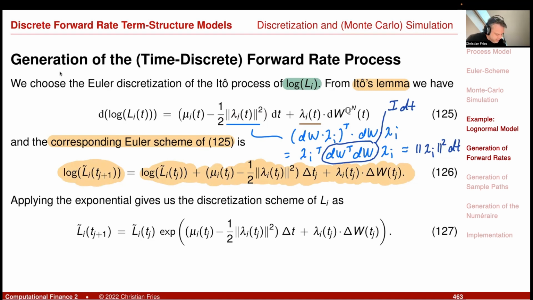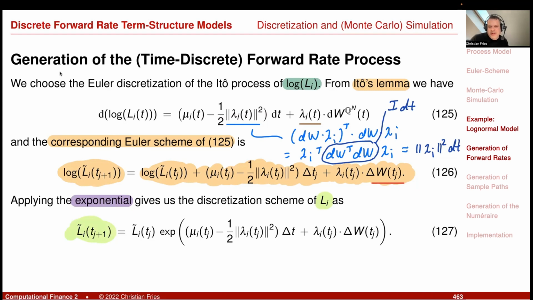The Brownian increment will later be sampled with the Monte Carlo method. Going back to the exponential, applying my state space back transformation, gives me my Euler scheme discretization of Li, my Li tilde, because it is an approximation at tj plus 1.